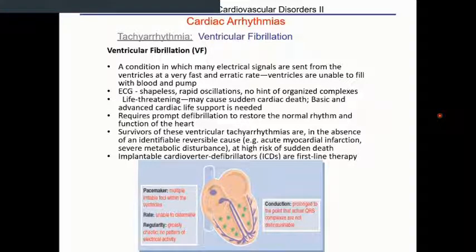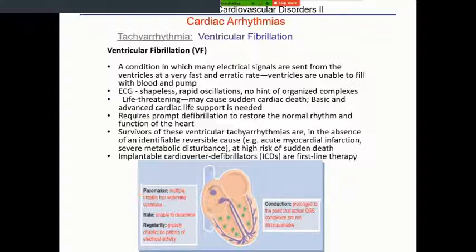As we mentioned earlier, ventricular fibrillation is a chaotic ventricular rhythm that reflects no organized electrical activity and hence no cardiac output. This is rapidly fatal, and if the patient is not resuscitated within 5 to 7 minutes, death is certain.